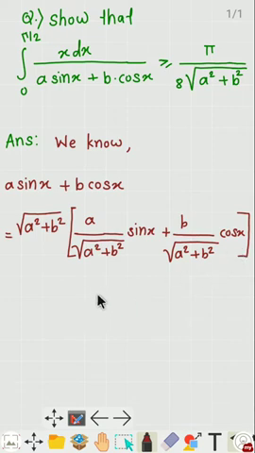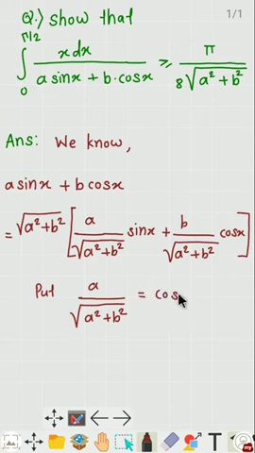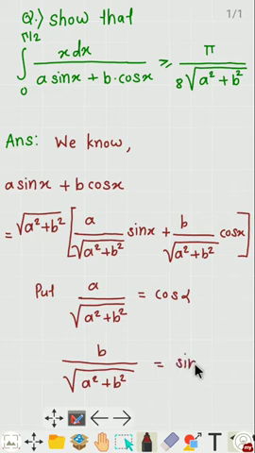Okay. And let us put a upon square root of a square plus b square equal to cos alpha, and put b upon square root of a square plus b square is equal to sin alpha.